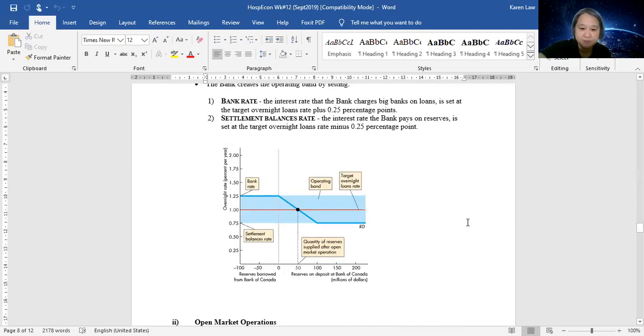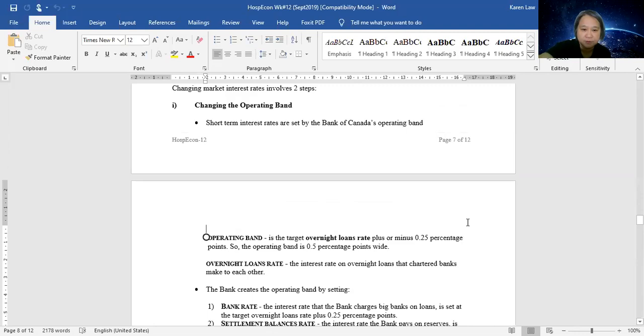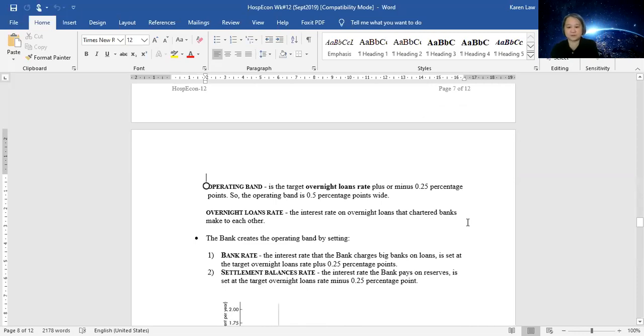The operating band is this band right here, and the operating band is a band that consists of the bank rate, the overnight loans rate, and the settlement balance rate. So let's just go through what they mean. The bank rate is the interest rate the bank charges big banks on loans.